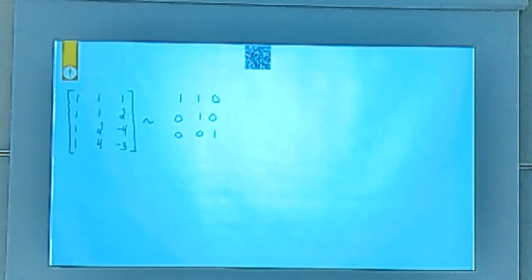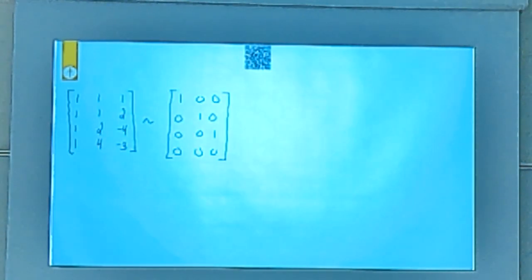Going by row, 1 1 0 0 1 0 0 0 1, 0 0 0. I said the top one wrong. It should say 1 0 0. Is it a minimal spanning set?